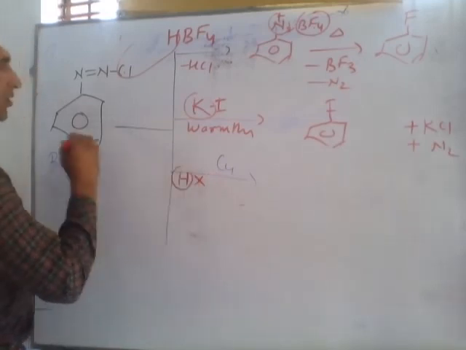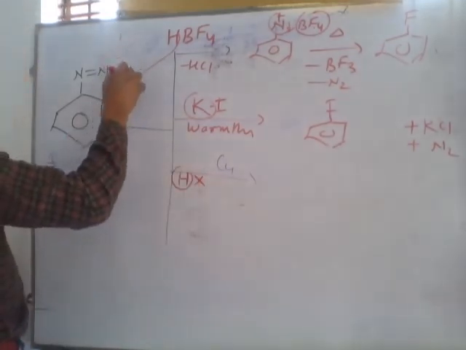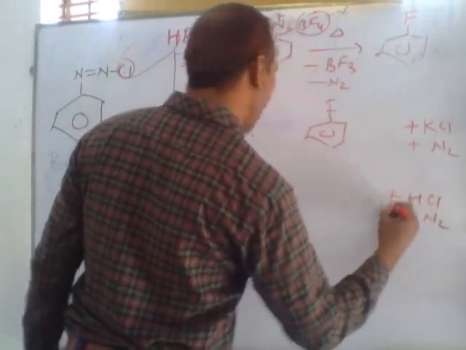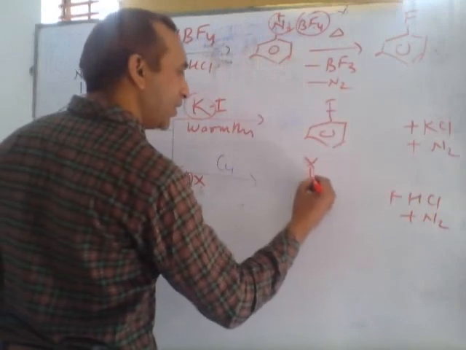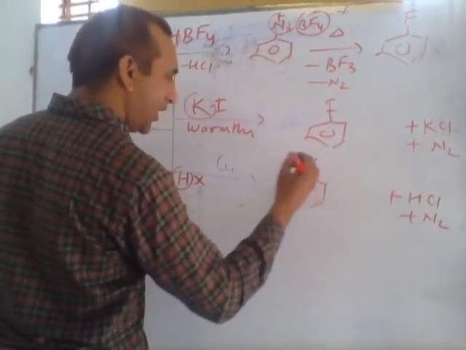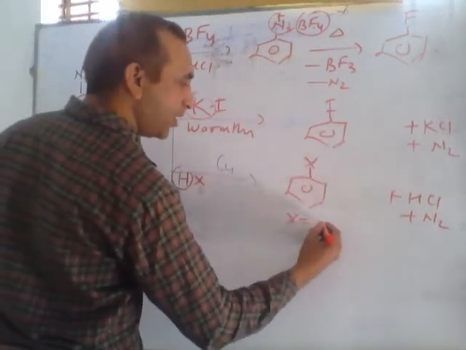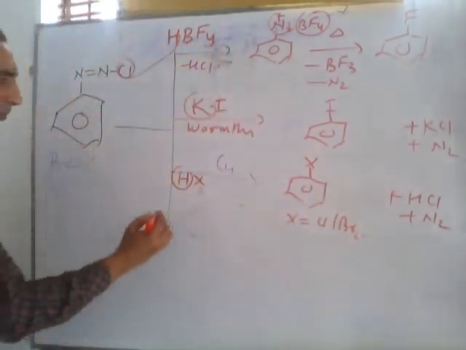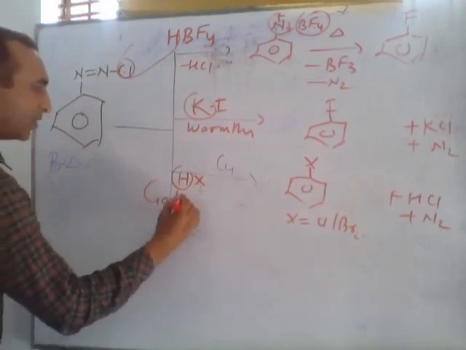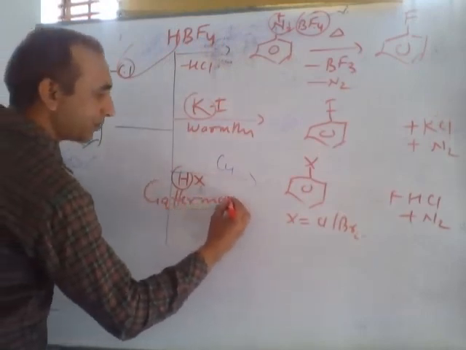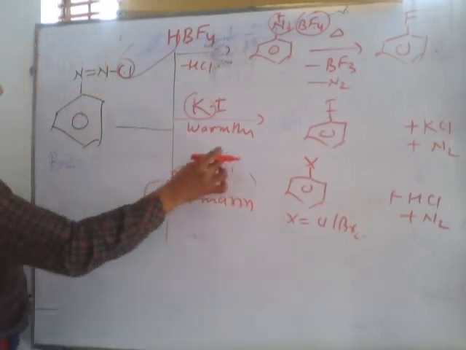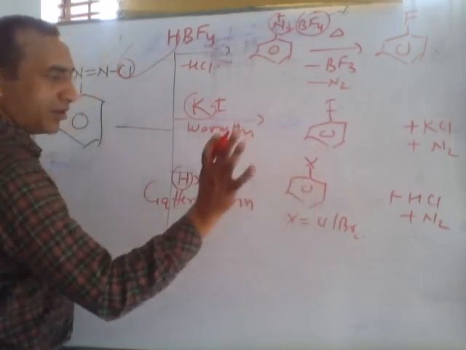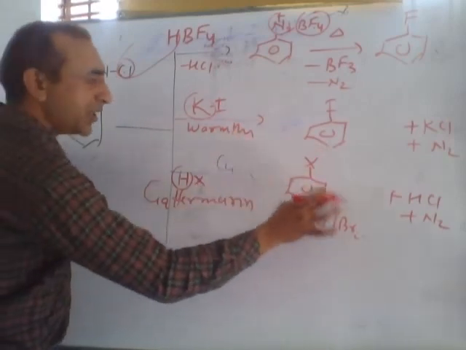This hydrogen and this chlorine are removed as HCl, N2. This halogen joins here. Listen. Here X may be chlorine or bromine, not iodine. This reaction is called the Gattermann reaction. In the Gattermann reaction, in presence of copper, HX reacts with BDC to form halobenzene, chloro or bromo.